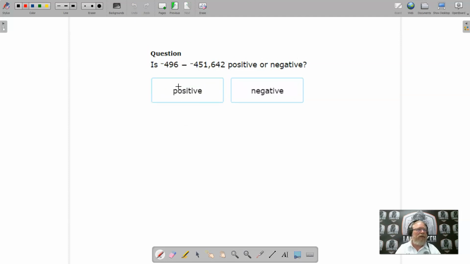Last example, negative 496. Let's change the subtraction to addition. And let's take the opposite of this here. So this negative number becomes a positive number. So I have a negative, and I'm adding it to a positive number. So we're going to have to use absolute value, right? The absolute value of this number here is going to be 496.